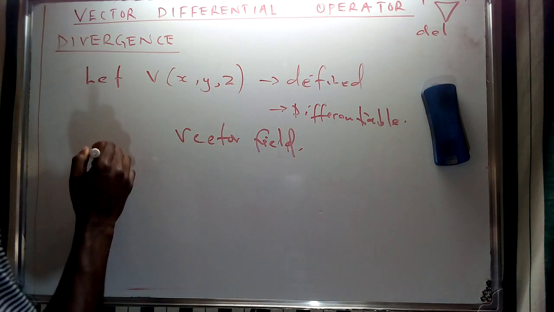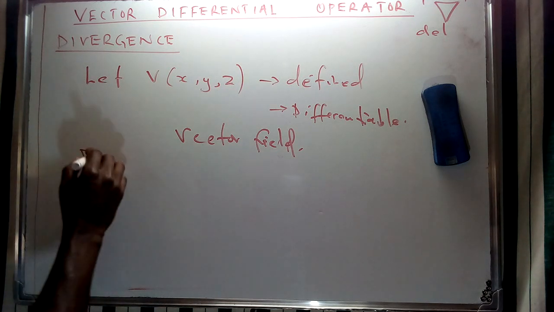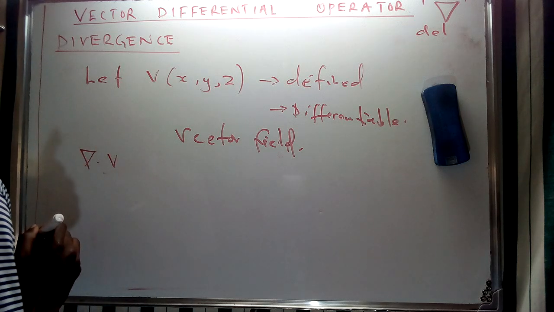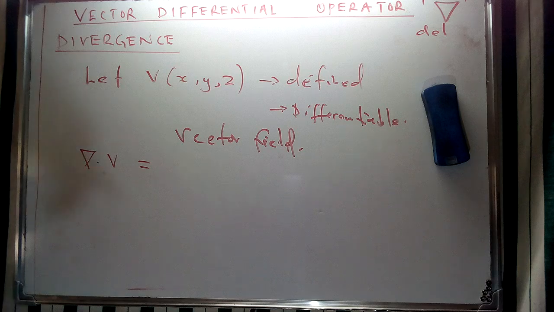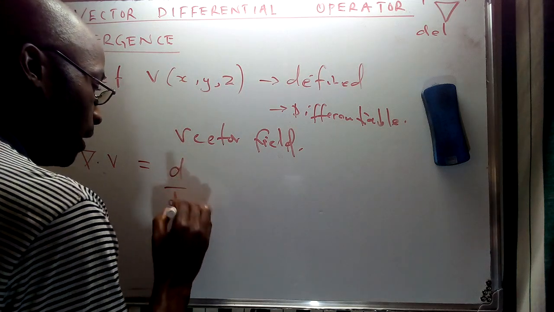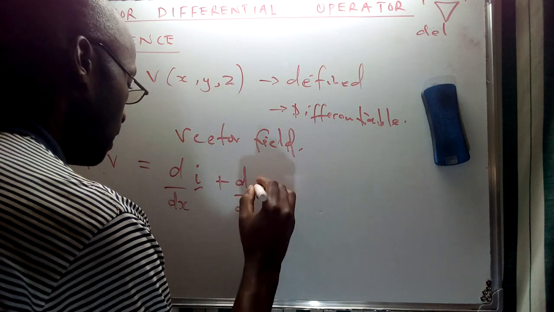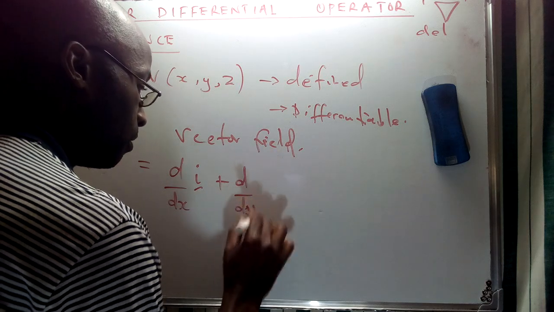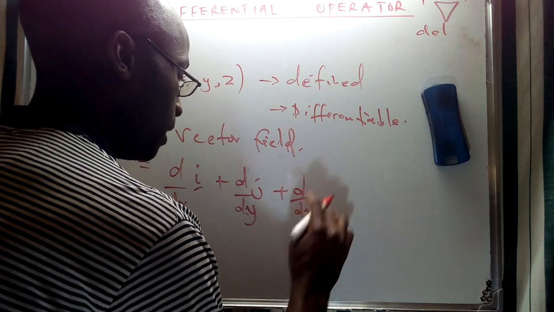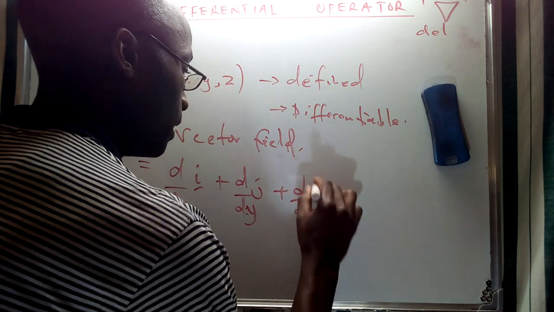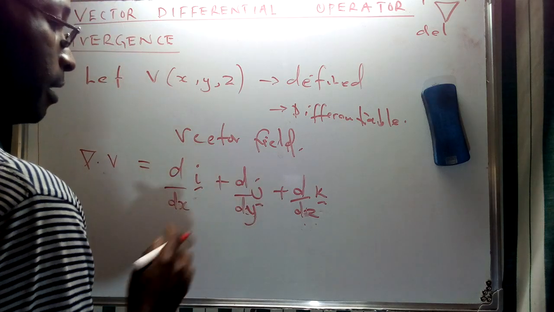So the divergence of v is represented as del dot v, whereby del can be illustrated as d over dx i plus d over dy j plus d over dz k, where i, j, and k are the unit vectors.